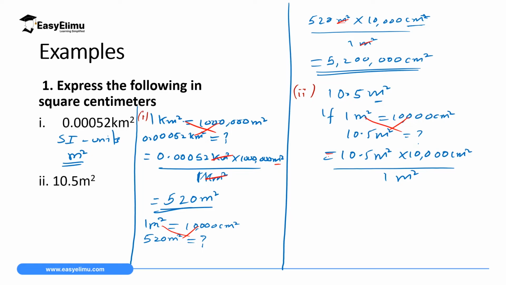Square meter goes with square meter, and our answer remains in square centimeter, which is going to be 105,000 square centimeter. So 10.5 square meter is the same as 105,000 square centimeter.